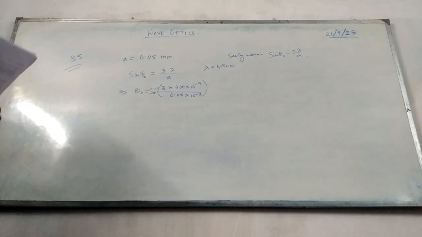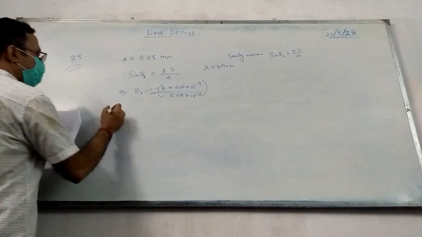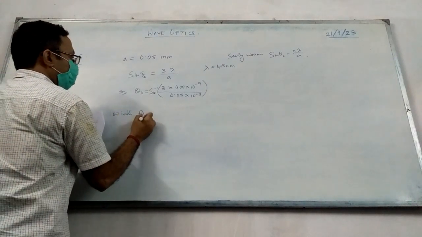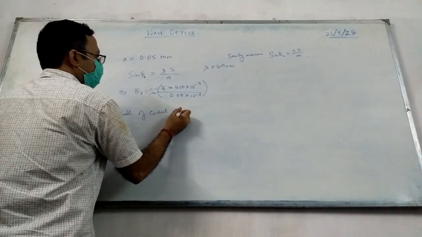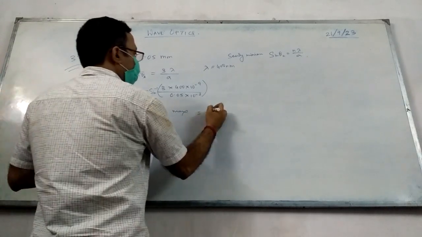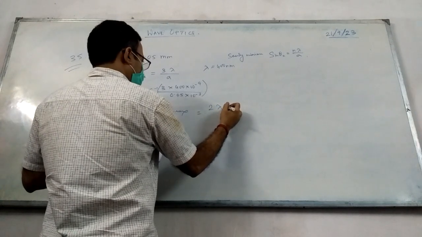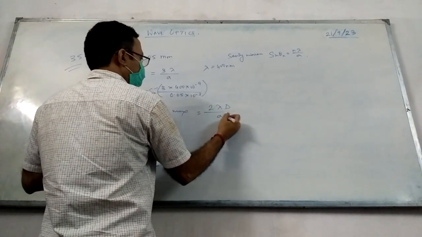Understood? And then it is asked, what is the width of the central maxima on a screen located 1 meter away. Now you know the width of the central maxima is given by the formula 2 lambda capital D by a.